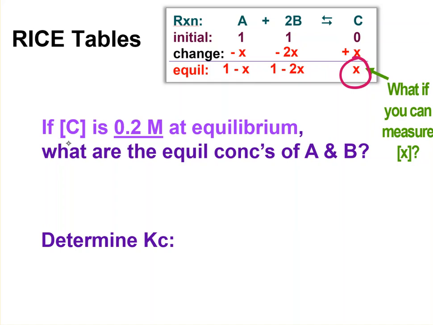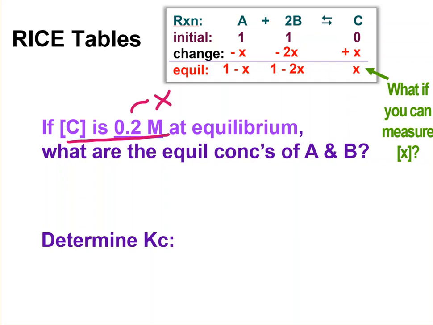So if I discover that I'm getting my concentration of C, basically this is X. This is my equilibrium concentration of C, what I said here.